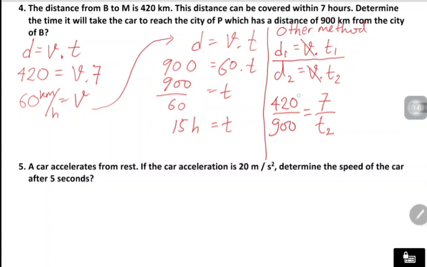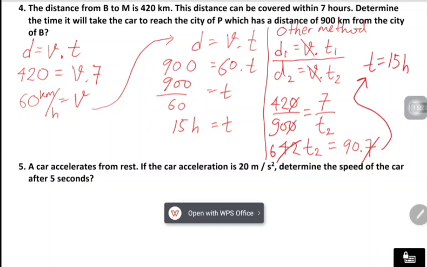Then we get 42 times t2 equal to 90 times 7. So we get 6 times t2 equal to 90. We get that t2 is 15 hours. Okay, this is another method.